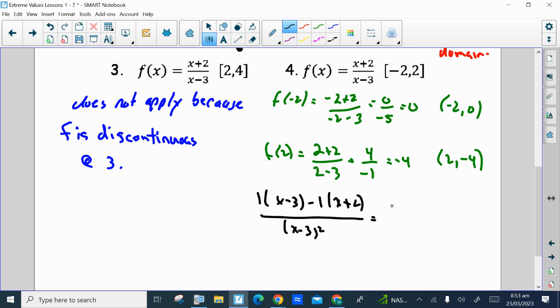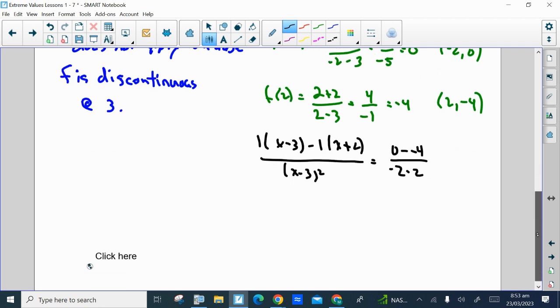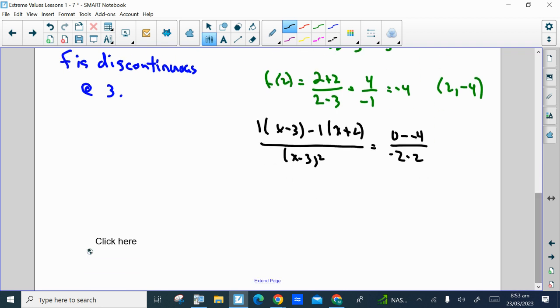So y2 minus y1 will be 0 minus negative 4 over x2 minus x1. So simplifying the derivative, it's going to be x minus 3 minus x minus 2 all over x minus 3 all squared. And that will equal 4 over negative 4.